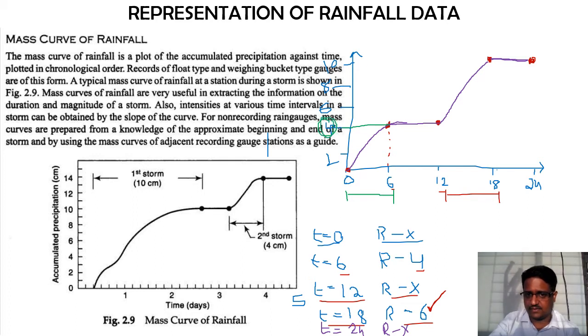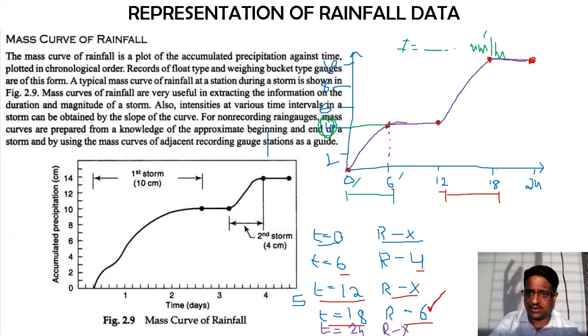Now the next question that might arise for you is, what if I want to check the intensity of rainfall between 0 hour and 6 hours? Total rainfall we now know is 4 mm. But what will be the intensity of rainfall? How is the intensity actually given? It is measured in terms of millimeters per hour, right?